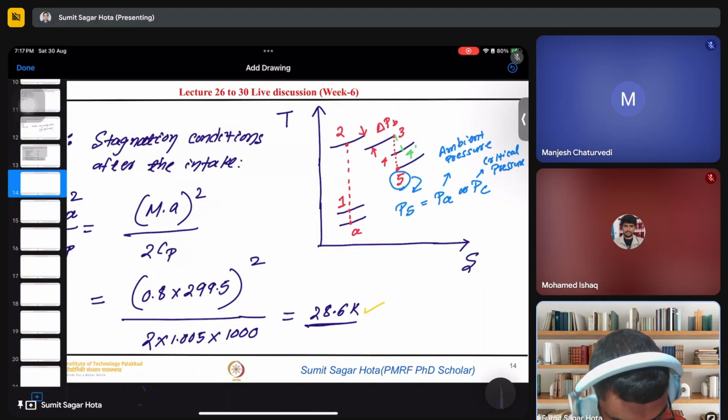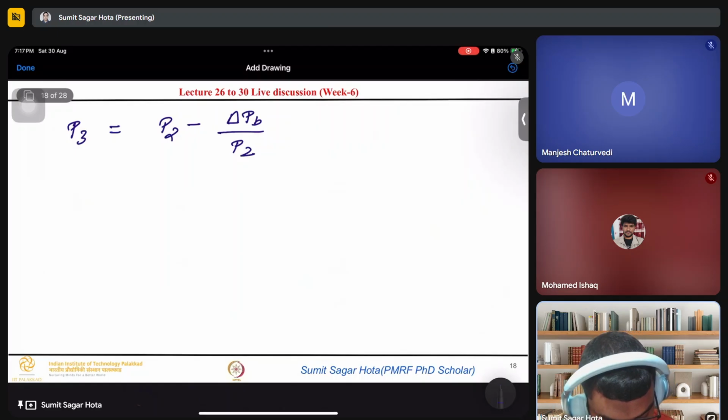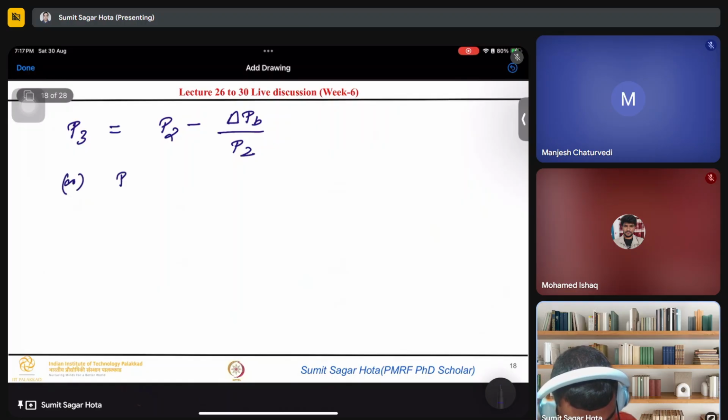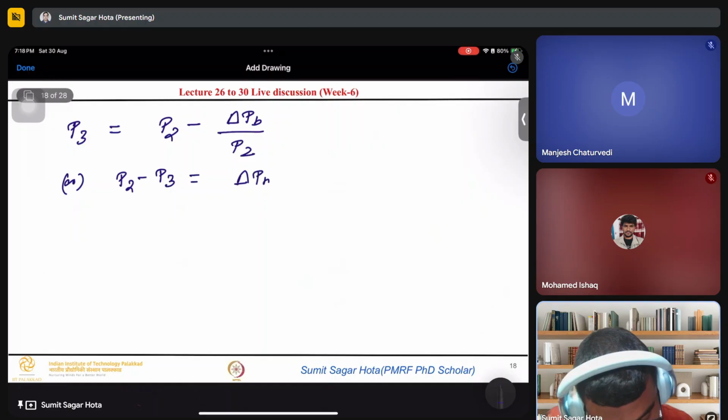In other way I can write P2 minus P3 is equal to delta PB by P2.